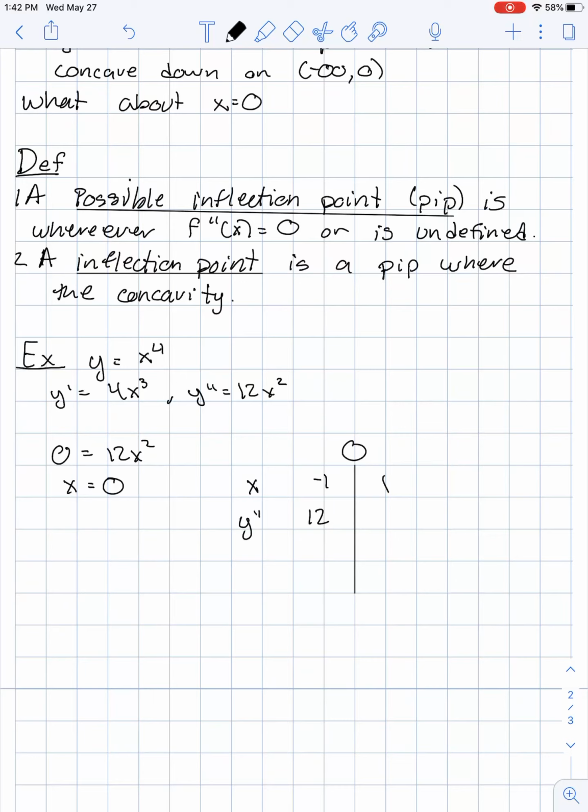And if I plug in 1, I'm also going to get 12. All right, so that's a positive number, so they're both going to be concave up. I like to draw a little cup like that. So then we can conclude, since the concavity is not changing at all, that x equals 0 is not an inflection point.